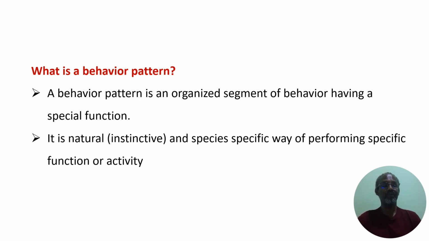Say, courtship for effective reproduction. Say, territoriality to ensure the resources and the space, the natural resources in the territory, are not shared by others, intruders coming from any other territory or any other environment. Therefore, it has its own adaptive value. All behaviors do have their own adaptive value. So what is a behavior pattern? A behavior pattern is an organized segment of behavior having a special, specific function.